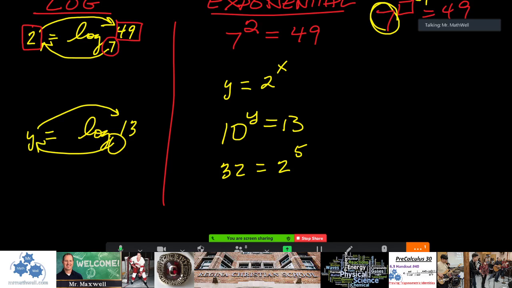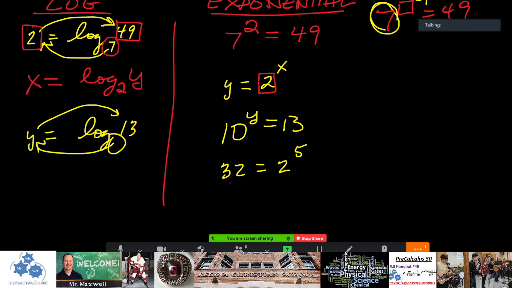Let's go backwards now from exponential. So y equals 2 to the x. Well, x is the exponent, so that's what the log equals. What's the base? Well, 2 is the base. So 2 goes here as a base, and then this is y, because 2 to the x equals y.